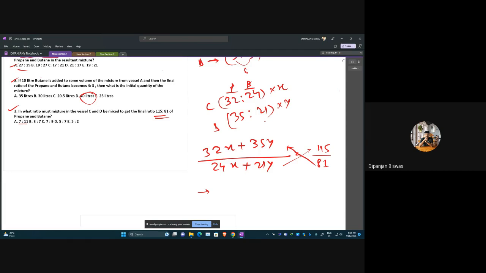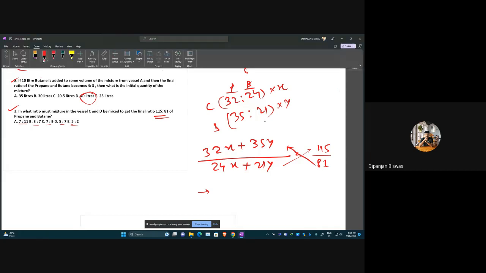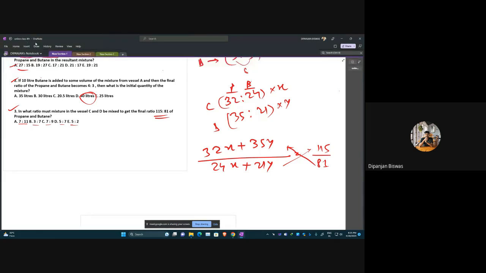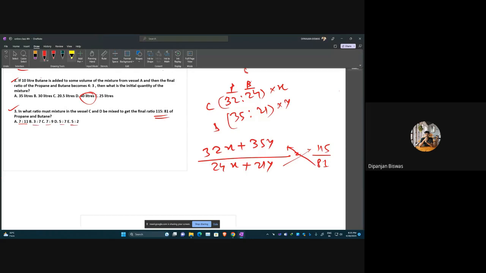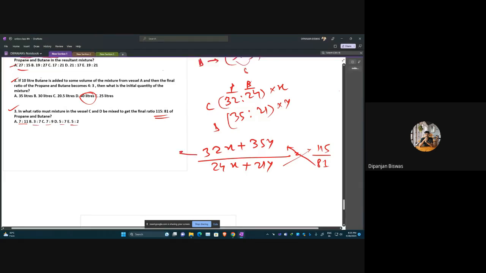Then was 3:7, 7:9, 5:7, 5:2. There are 5 different options. Okay, you cannot do anything about it. Even digit sum won't work here because 2 different variables are given, X and Y.